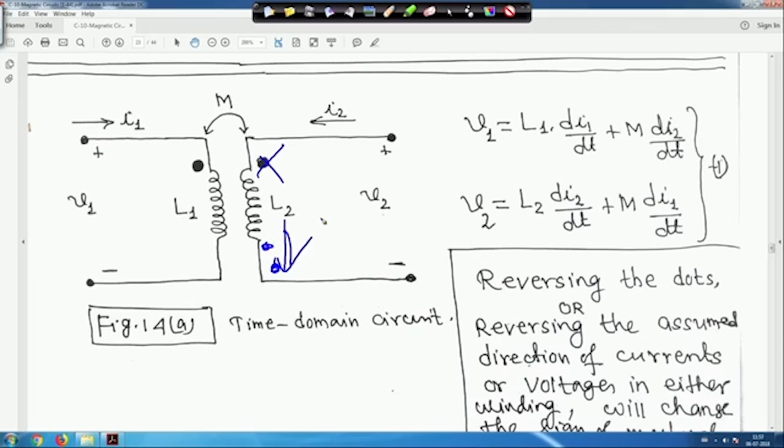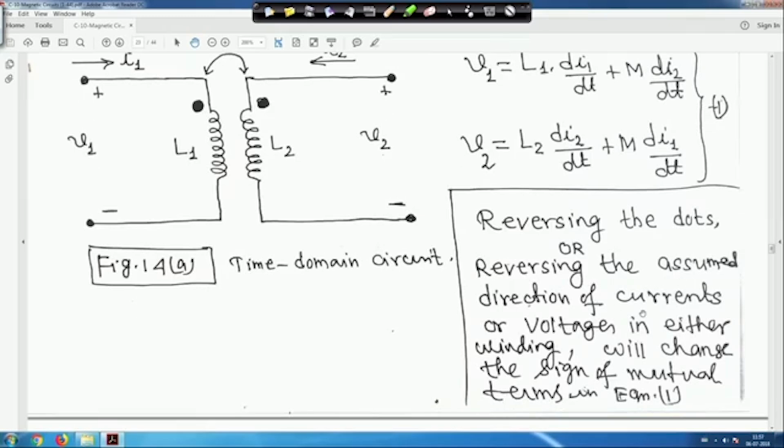If the dot is here, it means this current is entering and another is leaving, you have to take the minus sign. Here also it will be minus, so it will be now plus minus, right. So reversing the dots or reversing the assumed direction of current or voltages in either winding will change the sign of the mutual terms in equation 1.